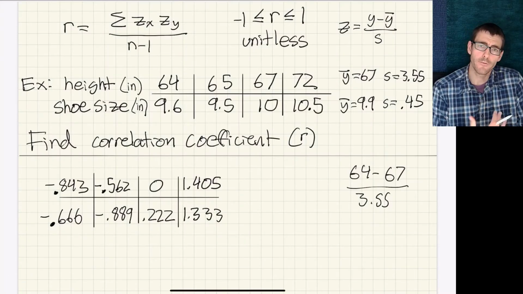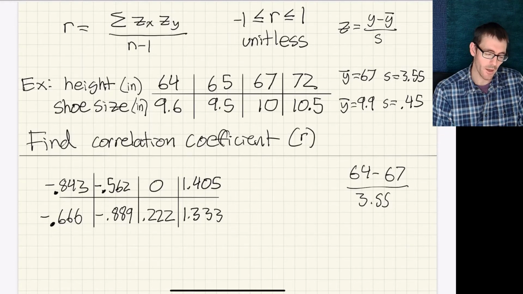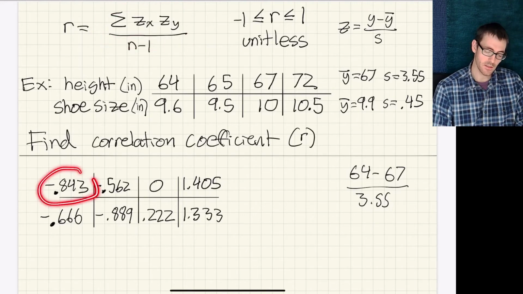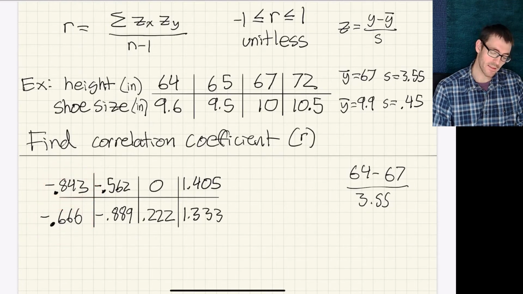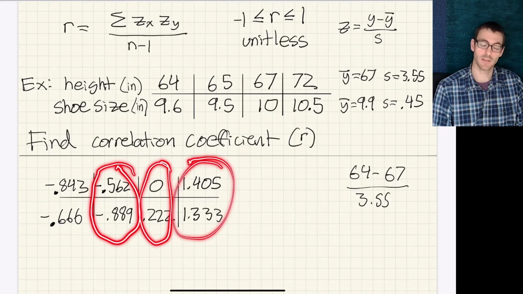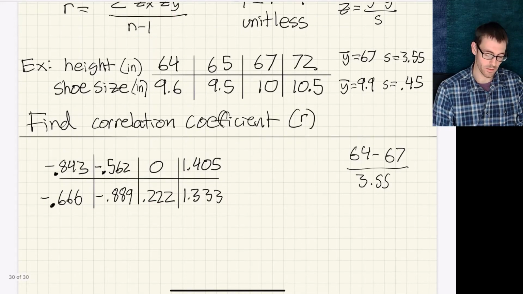Then to finish finding R, the correlation coefficient, we want to add up the product of all of the z-scores. In other words, we want to take this z-score and multiply it by that one, and then add that to the product of these 2 z-scores, and these 2 z-scores, etc. We're going to add up all of those things, and divide by n minus 1.